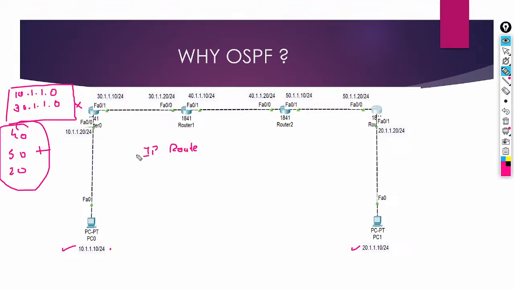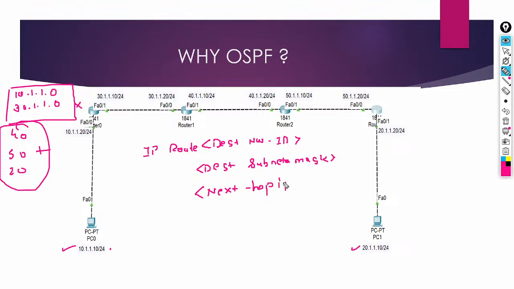How? By giving the command ip route, destination network ID, destination subnet mask, and either the next hop IP address or the exit interface.